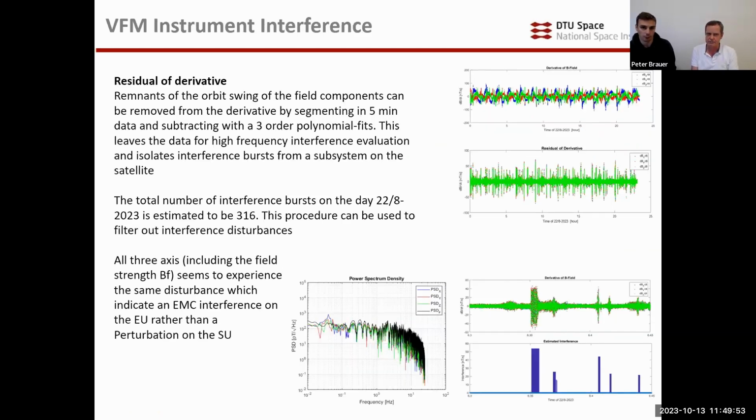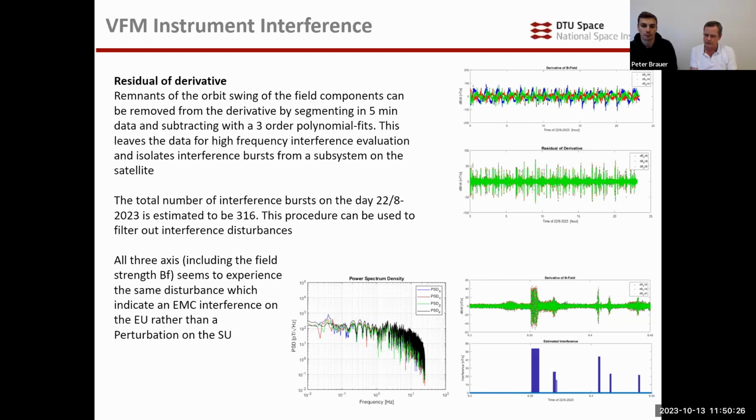These variations seem to be some interference from another subsystem of the satellite. These can be studied in detail from the difference of the B field, and again subtracting the orbital variations, that would reveal these interference fluctuations.